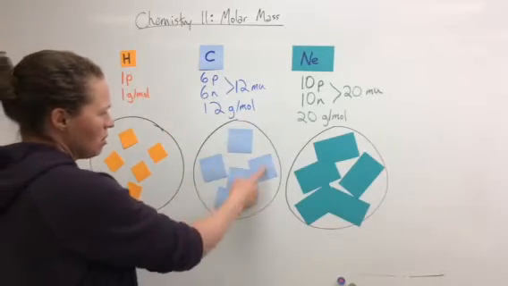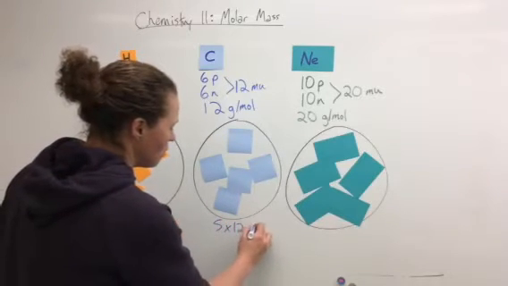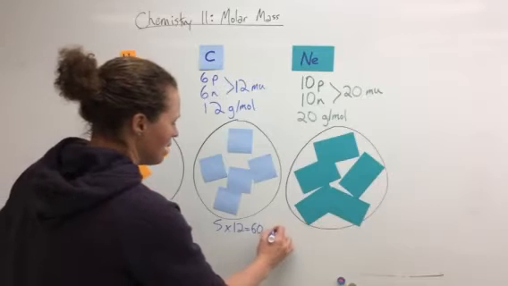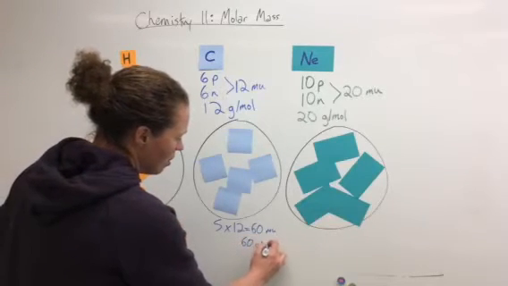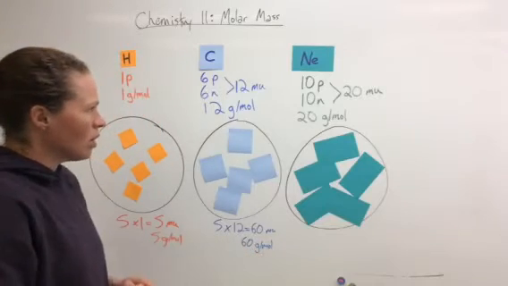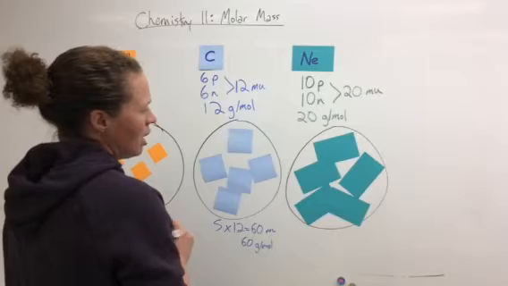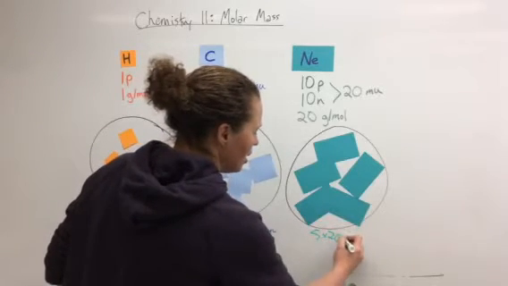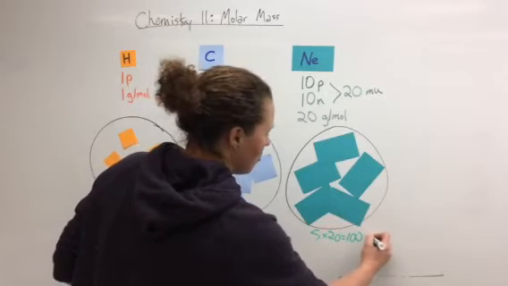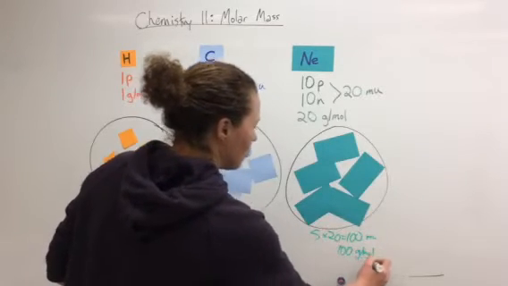So I've got 1, 2, 3, 4, 5 times 12. 5 times 12 gives me 60 mass units, or 60 grams per mole. Now, neon's the last one, and I've got 5 groups of 20. So 5 times 20 gives me 100 mass units, or 100 grams per mole.